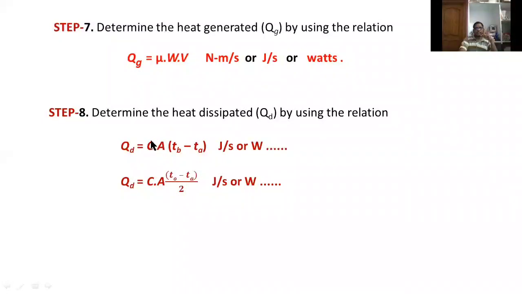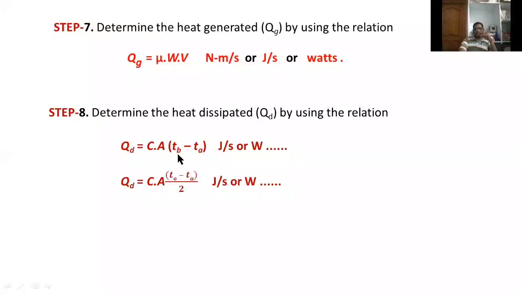Here C is the coefficient of heat dissipation, and capital A is the projected area of the bearing, that is the length of the bearing L into the diameter of the shaft d. Capital A equal to L into d.